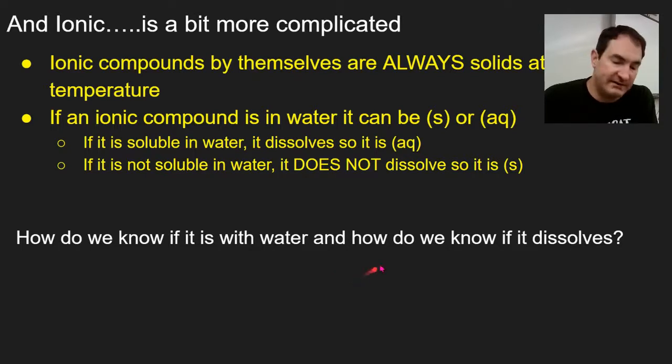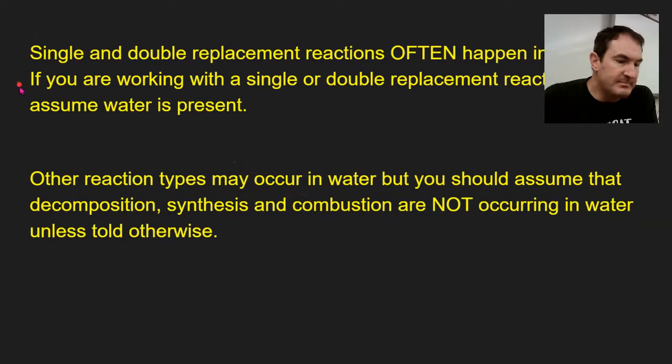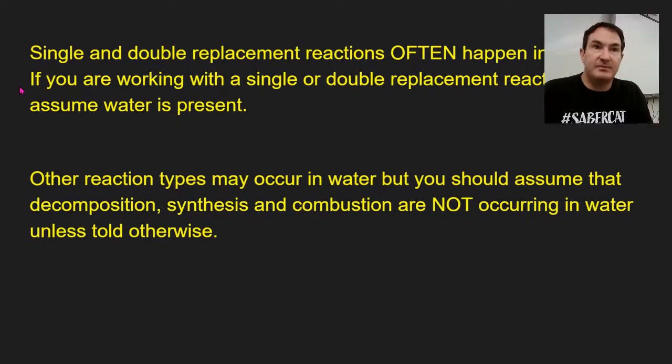A couple of rules we can follow. Number one, most single and double replacement reactions happen in solution, meaning they happen in water. The ions have to be separated from each other, dissolved. When you dissolve an ionic salt, you're separating the ions from each other so they can interact more readily.